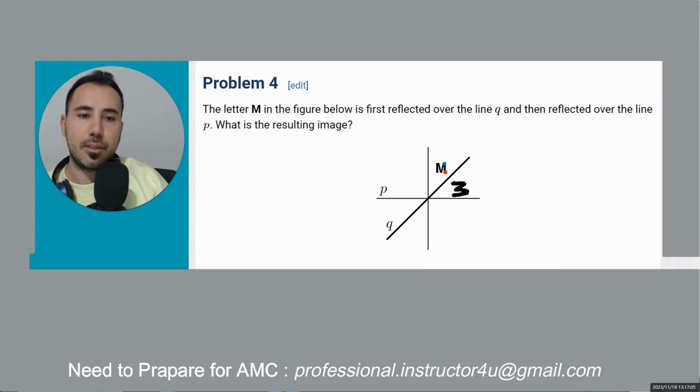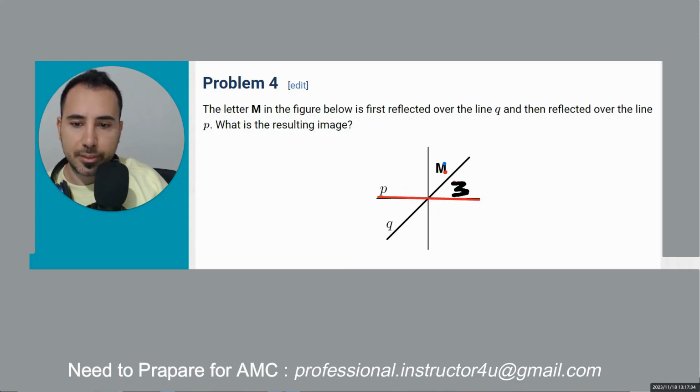Okay, so this is, I forgot to read the question. Let's read it. The letter M in the figure below is first reflected over the line Q, which is going to be this one, and we did it already. And then reflected over the line P. So now we just have to reflect what we have around this line. You see how close the shape is?